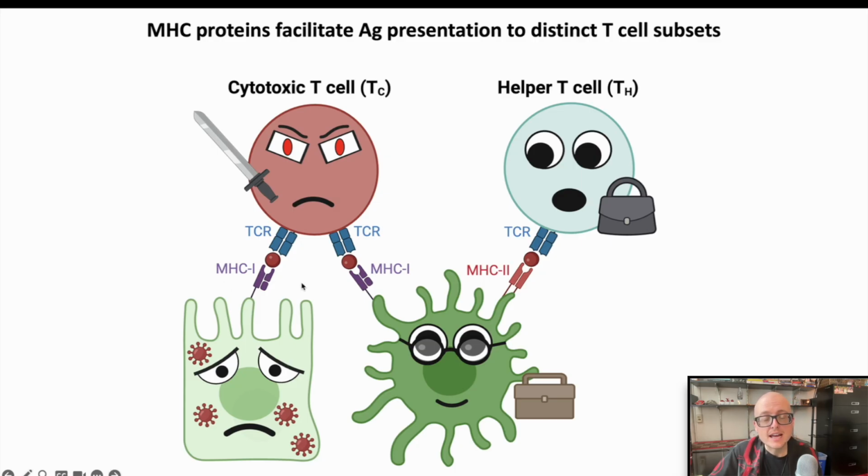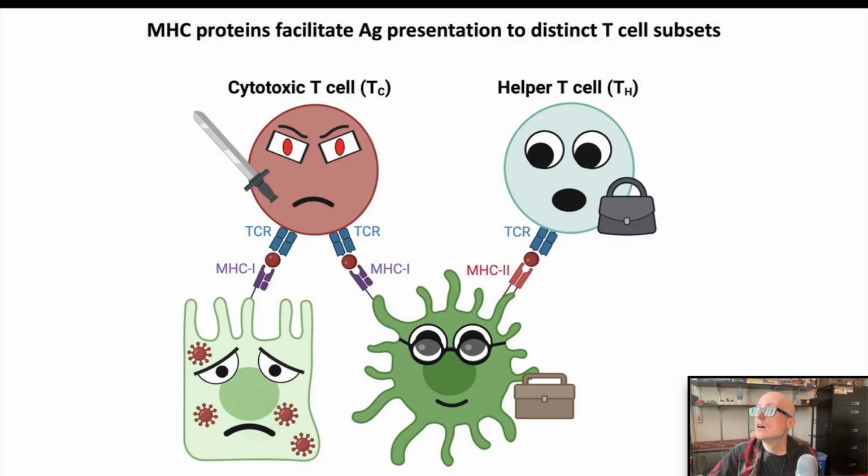So they're very good at detecting actively infected cells, even non-immune cell types, but they can also be activated by professional APCs as well. However, helper T cells only recognize antigen being presented by MHC class 2, and for that reason, the only way that we can activate a helper T cell is through presentation by a professional APC, which again uniquely express MHC class 2.